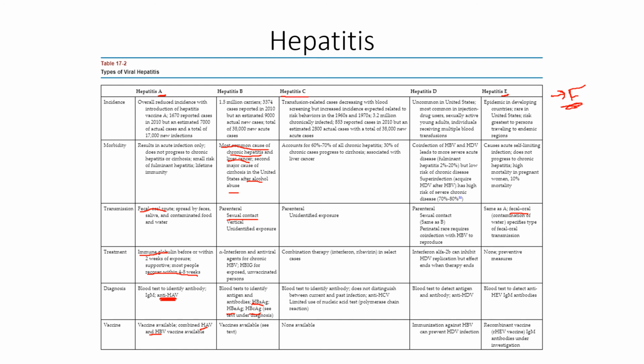Hepatitis C, I always associate this one with intravenous drug use. Because hepatitis C, you have to see where you're injecting the drug, and shared dirty needles can result in hepatitis C contraction. So there is also the potential of this being given to you in a blood transfusion.